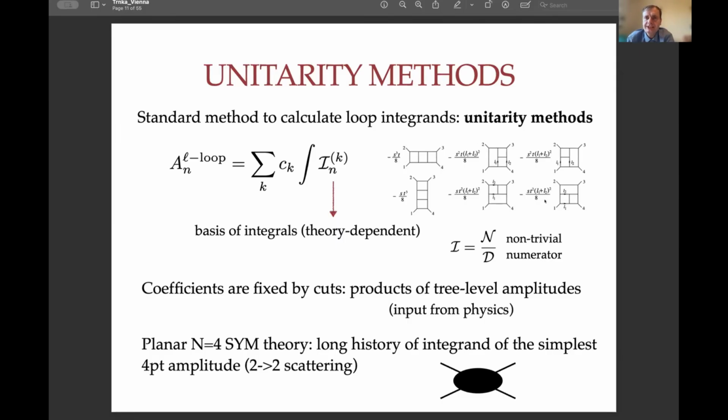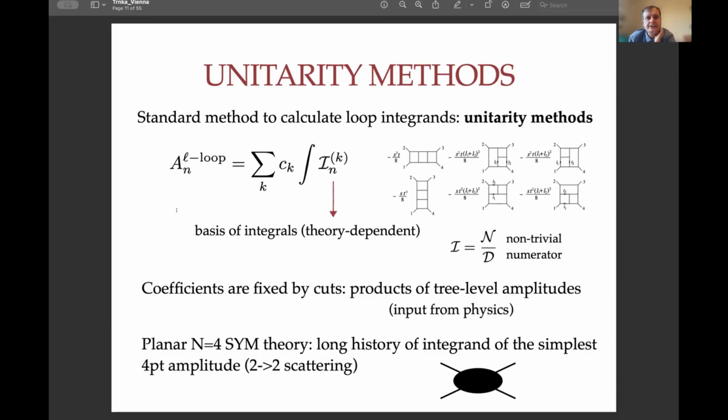This is an example of a three-loop amplitude in N=4 super Yang-Mills, so the theory we will be interested in. The integrand is always some numerator over denominator. The denominator is something trivial we can immediately read off from the sequence of Feynman propagators, and the numerator is something non-trivial that we can choose, and some numerators are better than others.